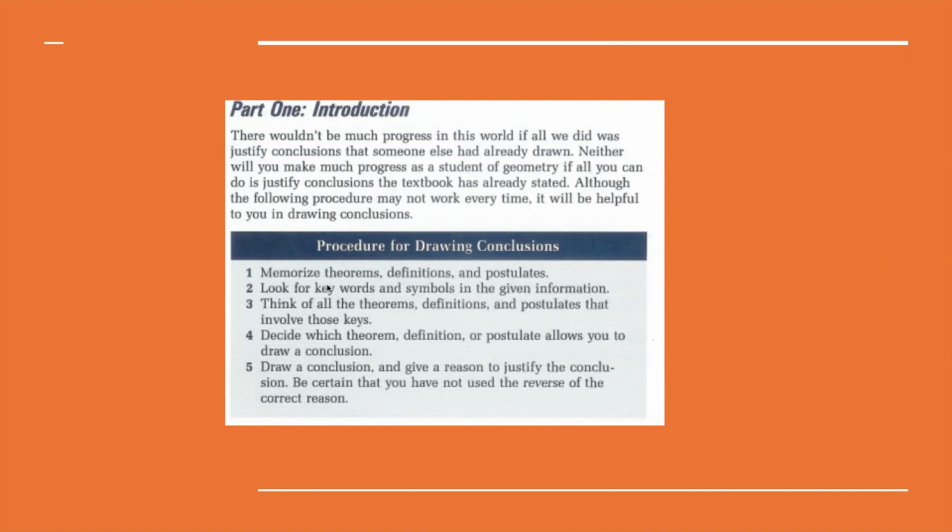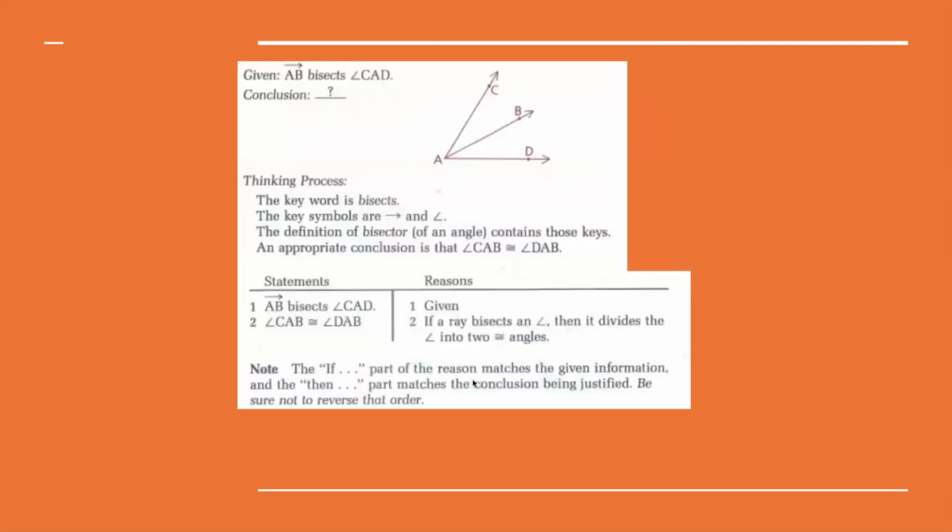The third step is to think of all the theorems, definitions, and postulates that involve those keys. The fourth step is to decide which theorem, definition, or postulate allows you to draw a conclusion. The fifth step is to draw a conclusion and give a reason to justify the conclusion. You must be certain that you have not used the reverse of the correct reason.